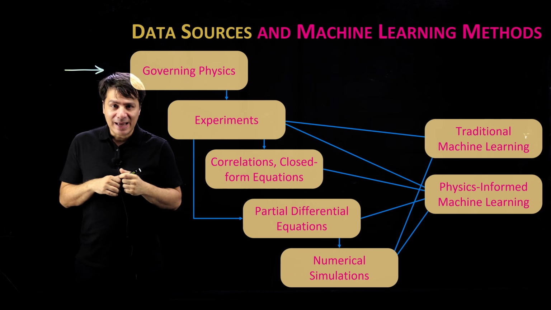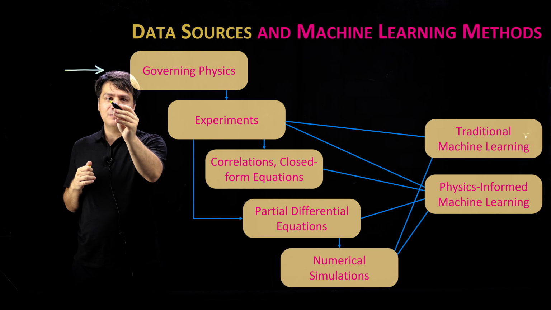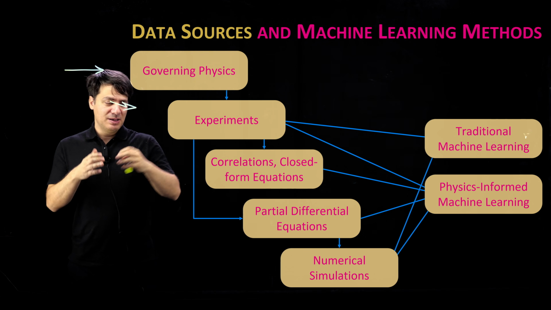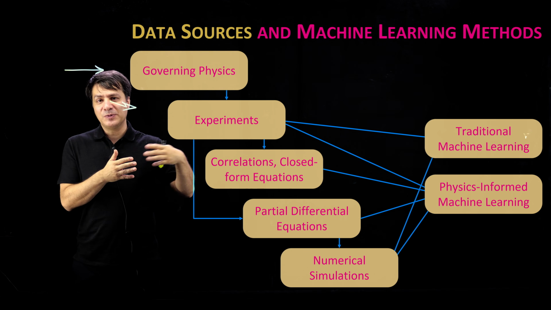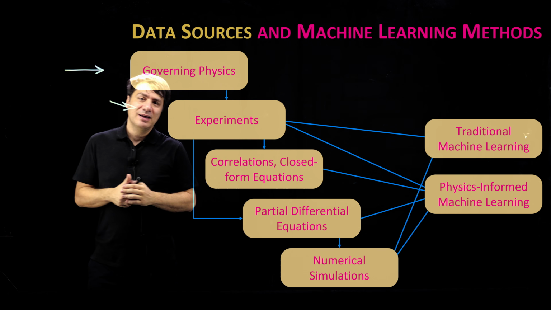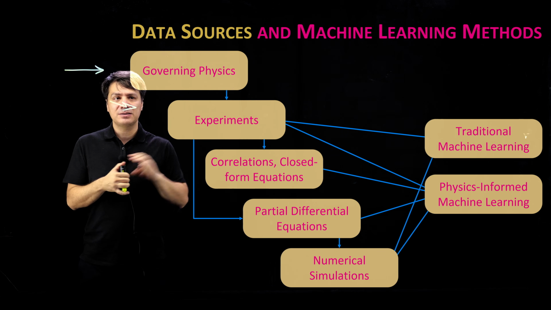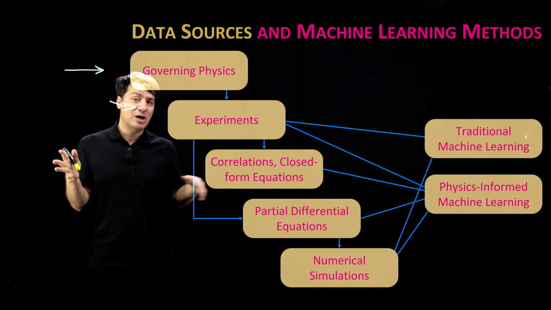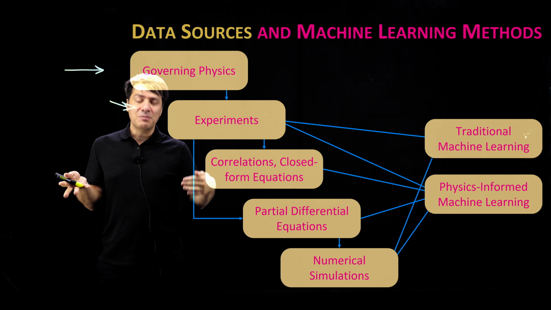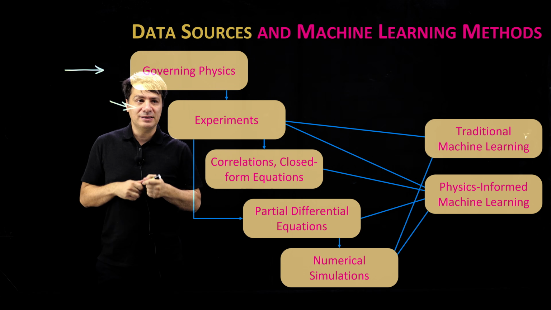In order to understand the governing physics, you might do some experiments. And these experiments give you some ideas, and as time goes by, you get more and more information about that specific physics. For example, if you look at fluid mechanics, throughout hundreds of years of studies that we have done, we started to learn some high-level correlations in the data.